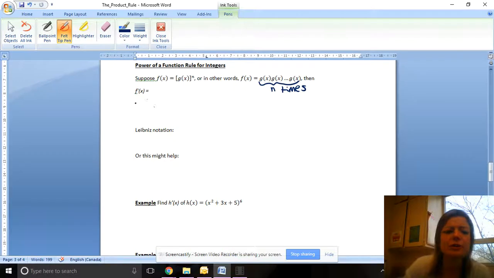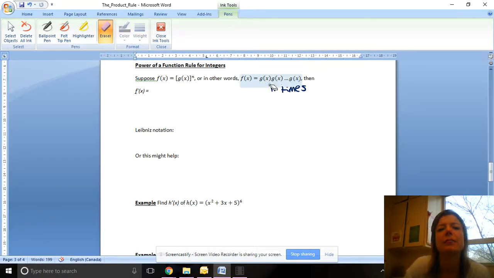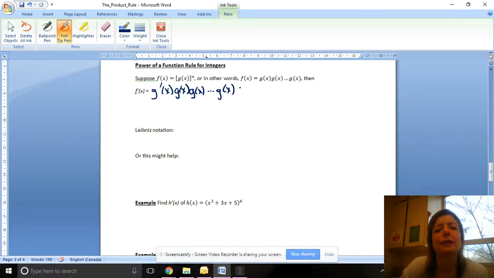So if we were actually to write the derivative, I'm going to do a different color. Actually, that n times, you might want to write above it or to the side because it's going to get in my way there. So I'm just going to erase it. Okay, so a derivative, then you would take the derivative of the first and then multiply all the other normal guys together until you get to the last one. Okay, and then that's the first clump.